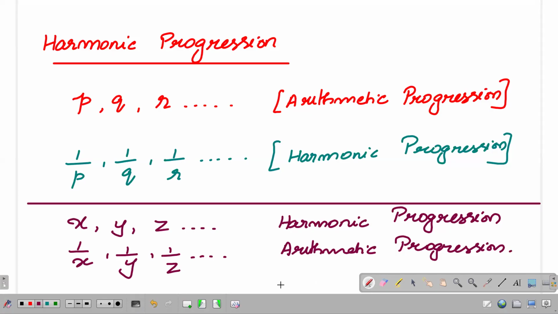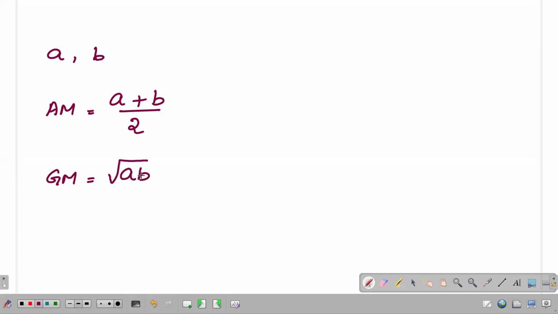Now suppose I am considering two numbers, a comma b. For this a comma b, please be aware that the arithmetic mean will be a plus b divided by 2. Got it? Geometric mean will be root of ab.